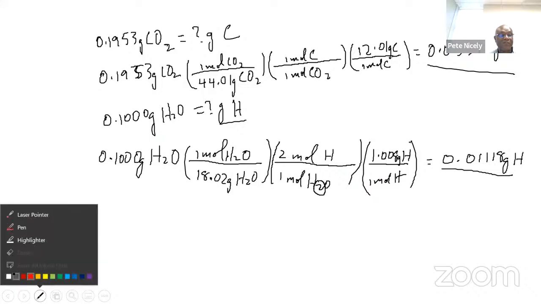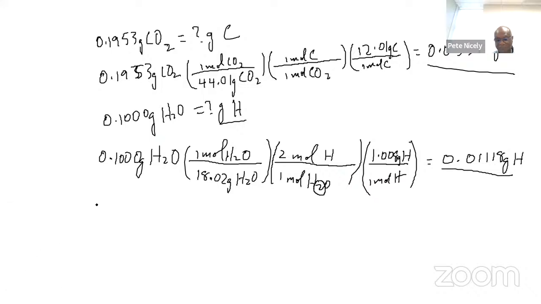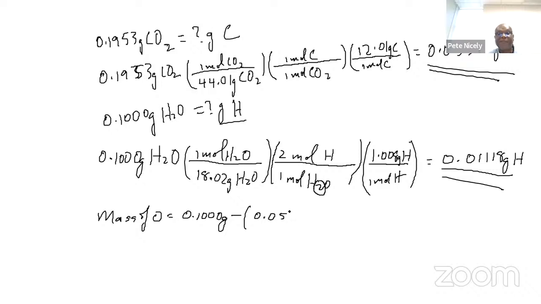So the mass of oxygen will be equal to the original mass of the compound, which is 0.1000 grams, minus the sum of these two numbers that we just calculated, this number and this number. So minus 0.05330 grams plus 0.01.